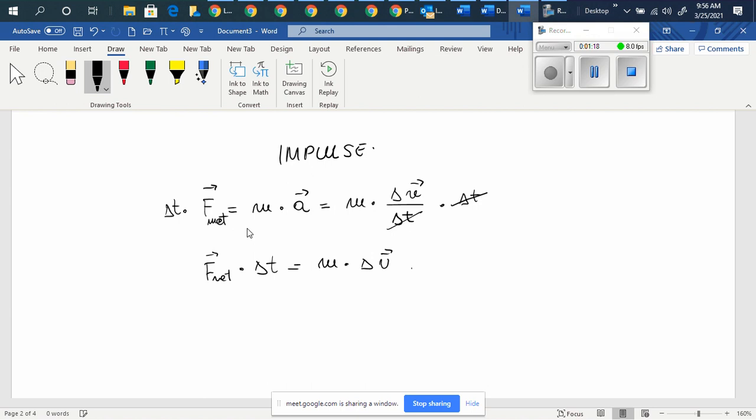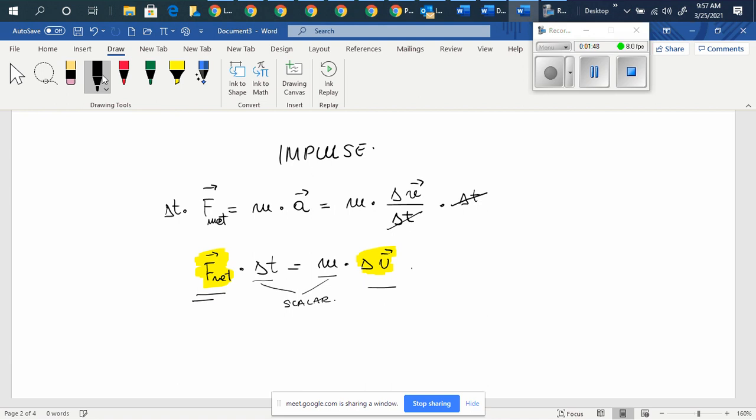Now, change of time and mass are both scalar quantities and they are both positive, so they do not change the direction of the vectors that you are multiplying them by. Then what we notice is that the net force has the same direction as the change of the velocity.